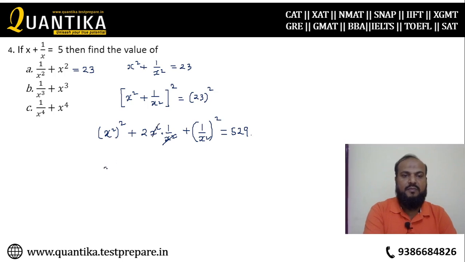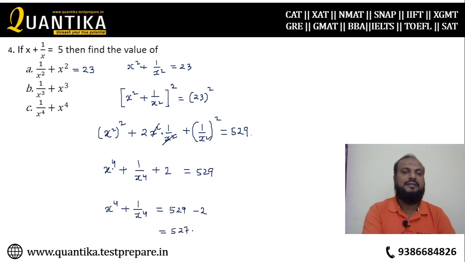So this becomes x to the power 4 plus 1 by x to the power 4 plus 2 is equal to 529. So x to the power 4 plus 1 by x to the power 4 is equal to 529 minus 2, which is equal to 527. So you have answered the question number C also.